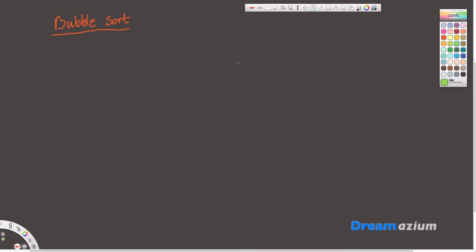To summarize, bubble sort is a short piece of code that has a nested for loop, that's a for loop inside of a for loop, which gives it the O(n) squared. It literally bubbles up larger items, larger values in the list to the end of the list, and smaller items to the beginning of the list.